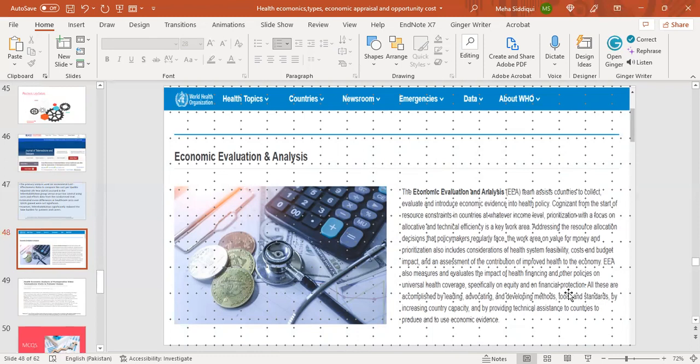The work area on value for money and prioritization also includes consideration of health system feasibility, cost and budget impact, and an assessment of the contribution of improved health to the economy. Economic evaluation and analysis also measures and evaluates the impact of health financing and other policies on universal health coverage, especially on equity and financial protection.